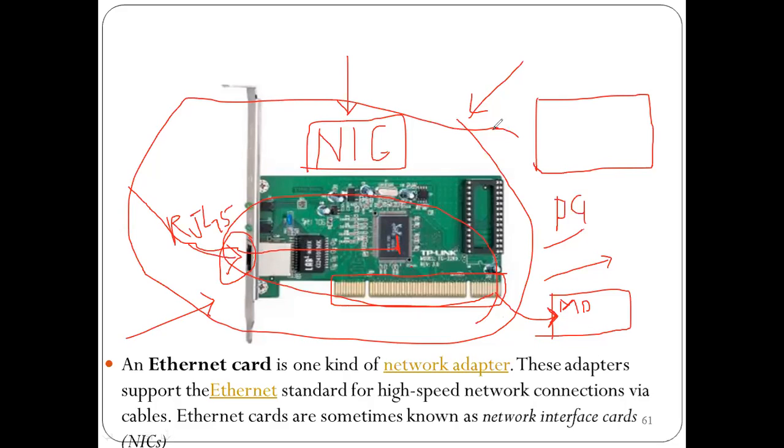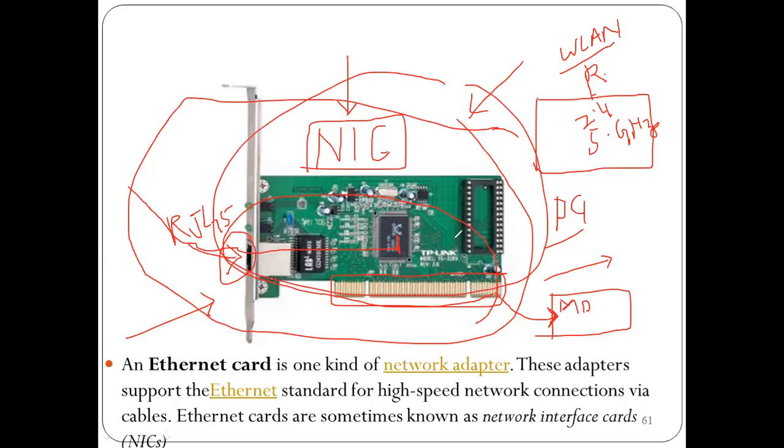Now the same thing is there for WLAN also. In that, we are not physically connected, but the connection is established using radio waves. Radio signals are there, as I have told you, 2.4 gigahertz or 5 gigahertz. A device is there which will perform in the same manner as the Ethernet card.